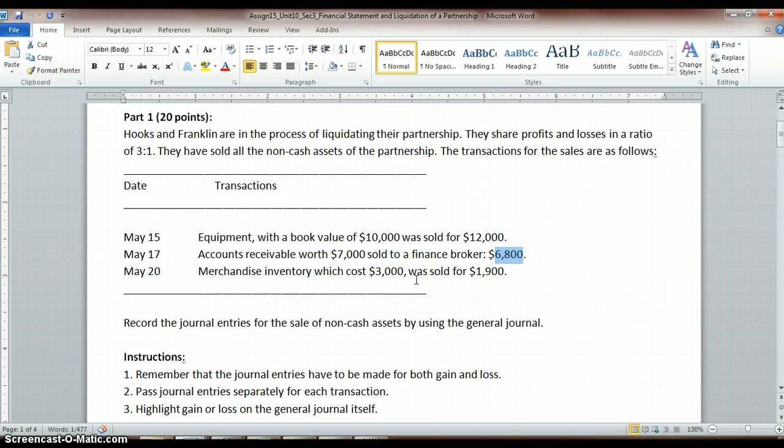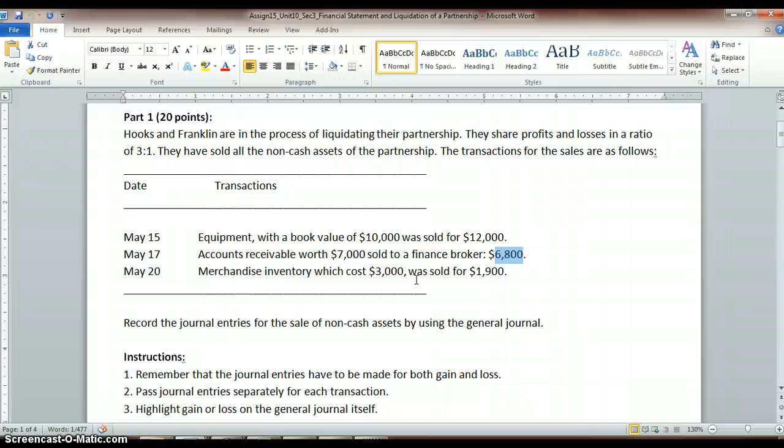So a finance broker, basically, we sold them those accounts, so those customers still owe their money, but this finance broker bought the accounts from us. So now he can collect that money, and we don't have to worry about it anymore since we are closing our business.